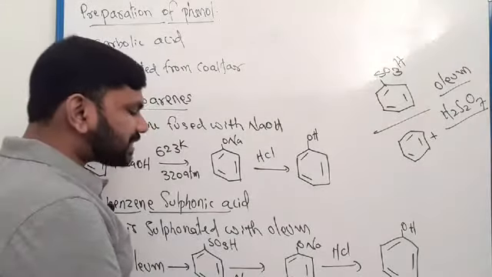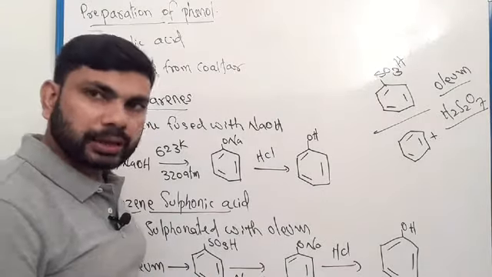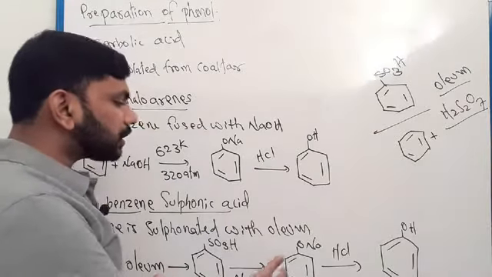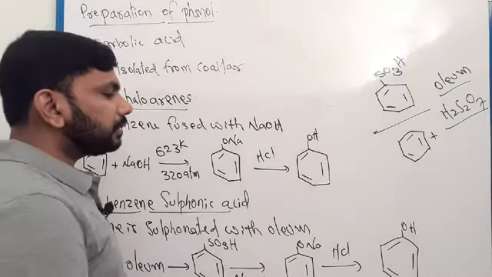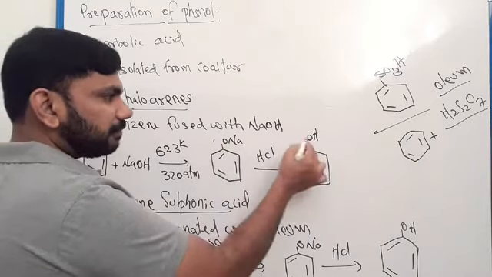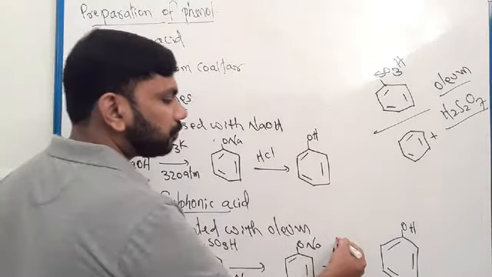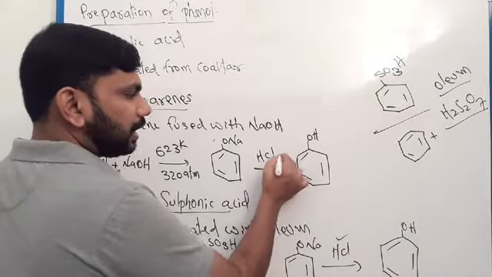Then this benzene sulfonic acid, treated with sodium hydroxide, changes to sodium phenoxide. Then, by the same method, sodium phenoxide changes to phenol by treating with aqueous HCl.